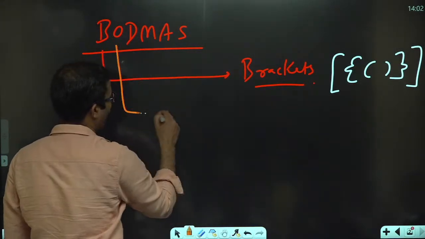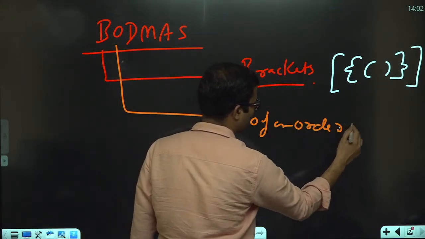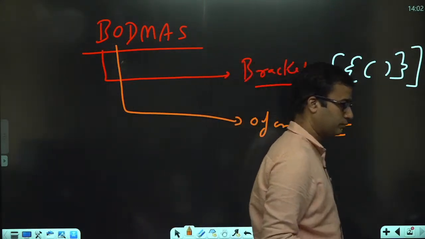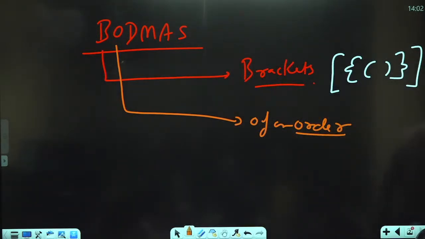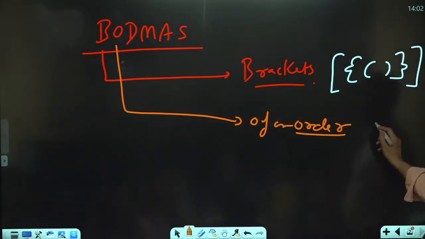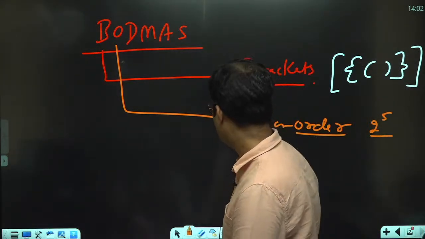Next, this O stands for of or order. Order means power, like if it is 2 to the power 5. If there is a power, we have to solve that.